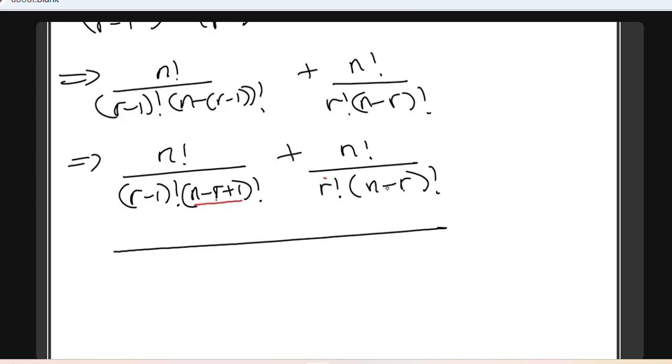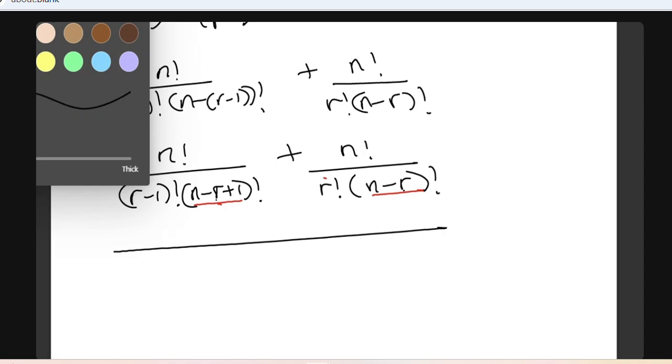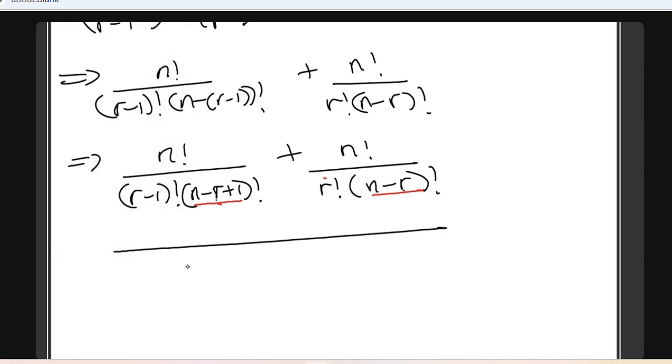This one is bigger than that, right? So we're going to write this one in the denominator: n minus r plus 1 factorial. Then r is bigger than r minus 1, so we're going to write r factorial here. Okay. Then we're going to say this into that.